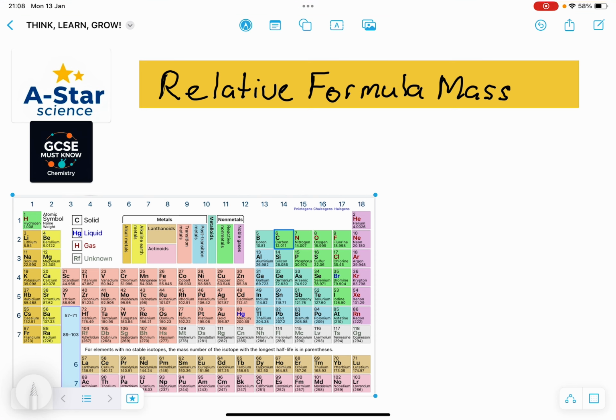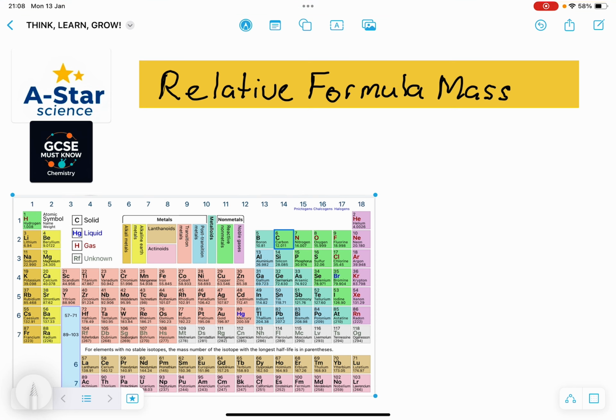This is the chemical formula of H2O, but you can also imagine it as a molecule, something like that. That's the same thing, H2O.